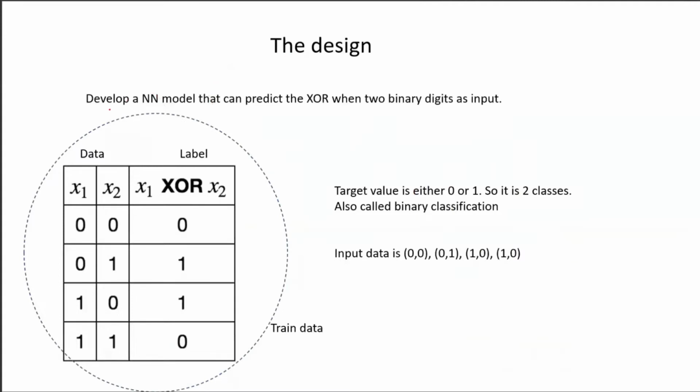For the design, basically, we are going to develop a model that can predict the output when two bits are the input. The target values are supposed to be 0 and 1. Target value here basically means label. I hope you remember the term target value from the previous lecture.